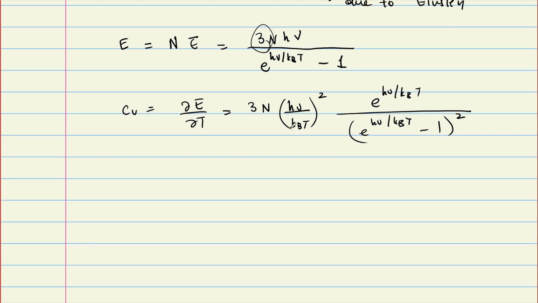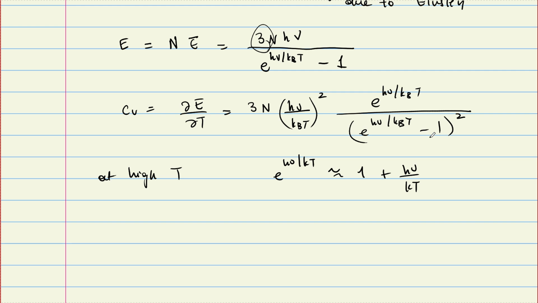So let me just see if this thing makes sense at low and high temperature. At high temperature, if T is large, e to the h nu over kT is approximately 1 plus h nu over kT.